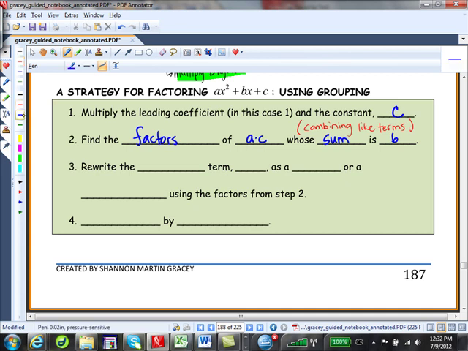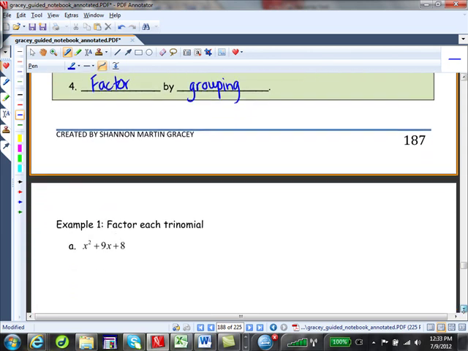Then you rewrite the middle term b times x as a sum or a difference using the factors you found from the second step, and then you just factor by grouping. Now guys, this is going to take a lot of practice, so please give yourself enough time.